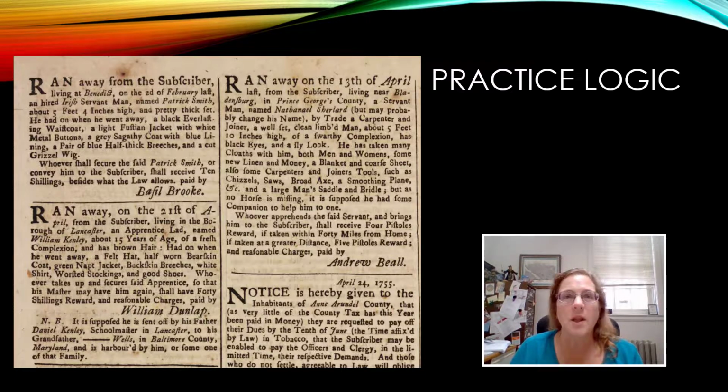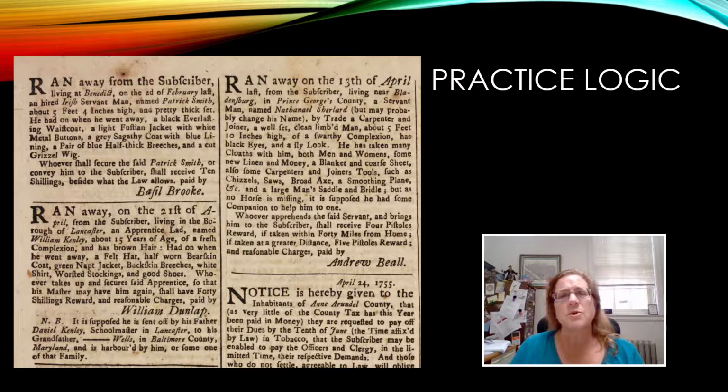So the first line of this advertisement says, ran away from the subscriber, an Irish servant man, and the person who signed the advertisement is Basil Brook, basil like the herb. I know you're reading it and saying, ran away from the subscriber, from Basil Brook, so I just had to tell you that.